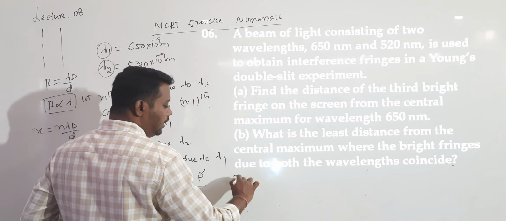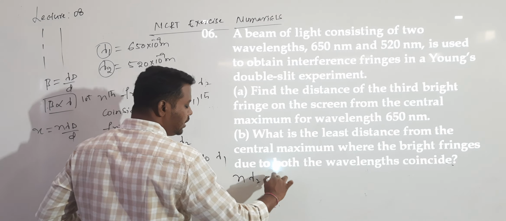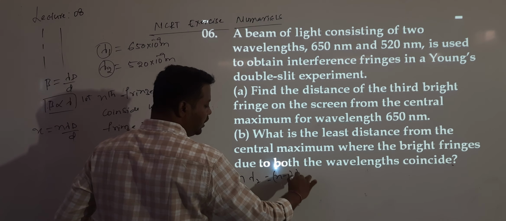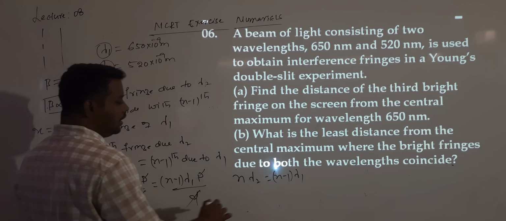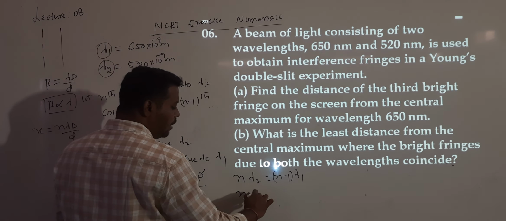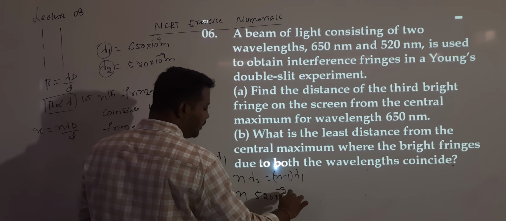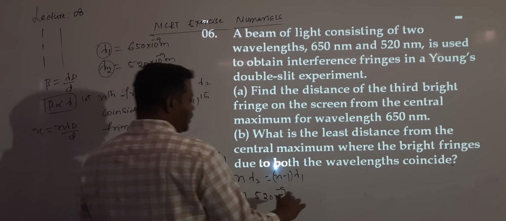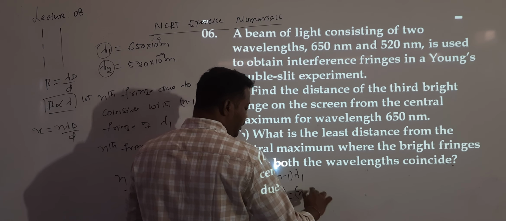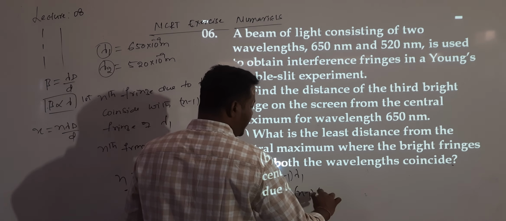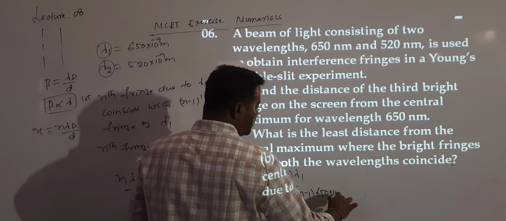Then I get n into lambda 2 equals n minus 1 into lambda 1. What is n? We don't know. Lambda 2 value 520 into 10 power minus 9 equals n minus 1 into lambda 1 value 650 into 10 power minus 9.